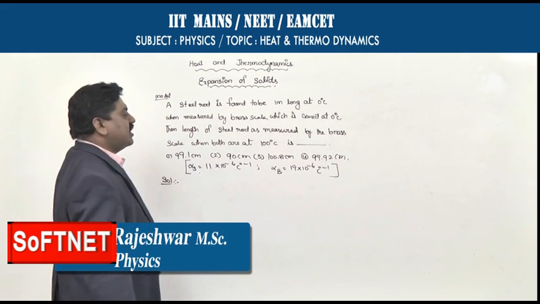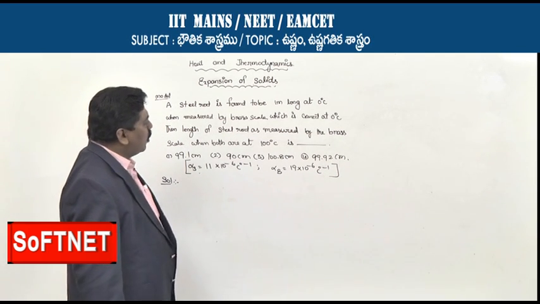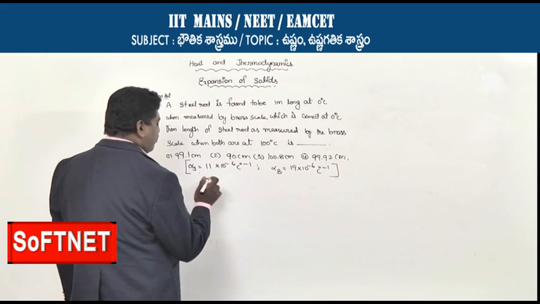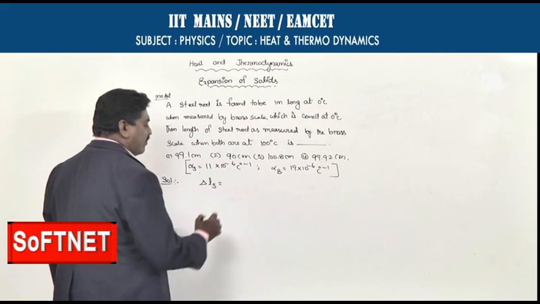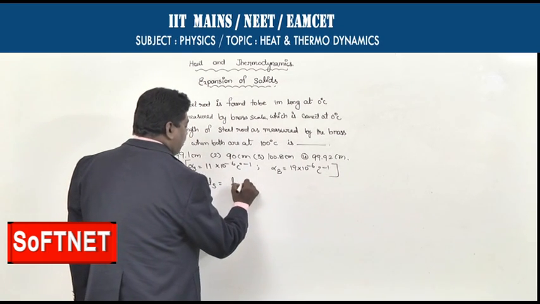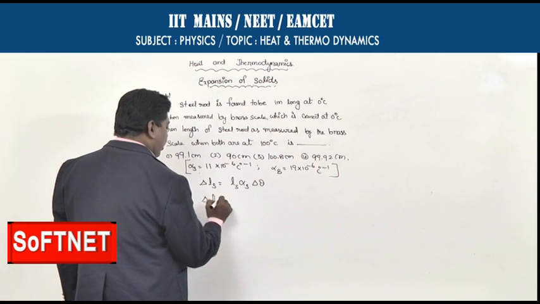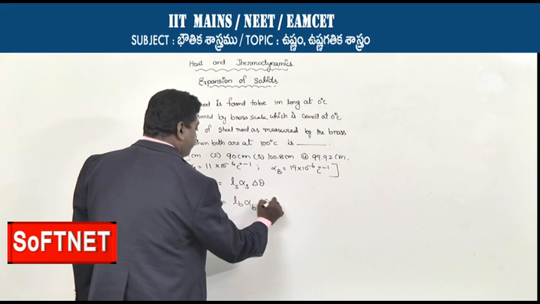Now, as the temperature is increased from 0 to 100 degrees Celsius, both the rods will expand. The expansion in the steel rod, delta LS, is given as LS alpha S delta theta, and the expansion in brass is given as LB alpha B delta theta.